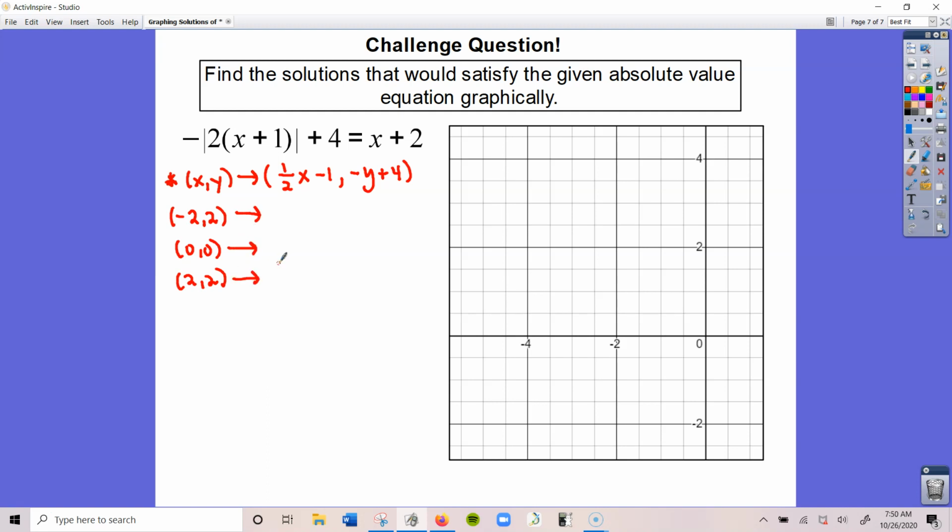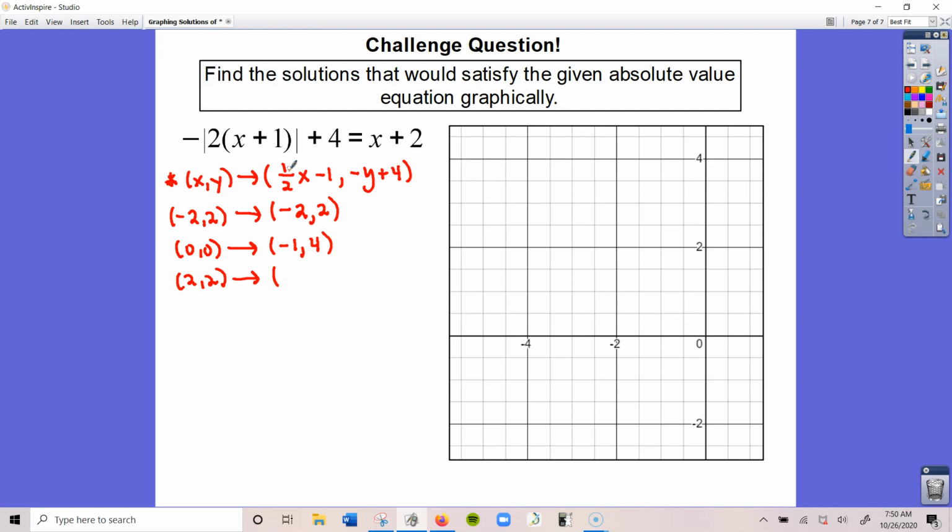Now we're ready to plug in. Negative 2 divided by 2 is negative 1, and negative 1 minus 1 is negative 2. Then, with the negative, negative 2 plus 4 is 2. When I plug in 0, 0: half of 0 is 0, minus 1 is negative 1, and 0 plus 4 is 4.